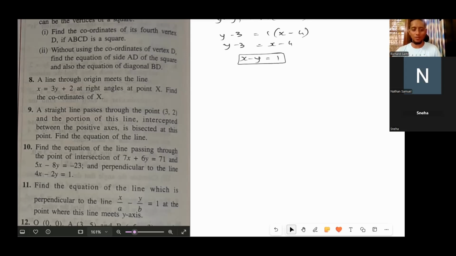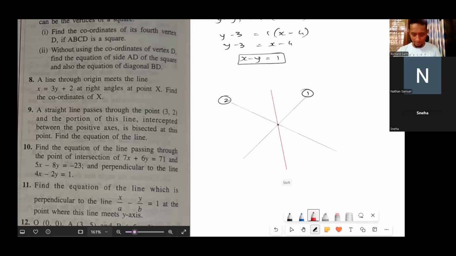Understand? So find the equation of a line that's passing through the point of intersection of line 1 and line 2. This is line 1, this is line 2. Okay, I'll call this 1, I'll call this 2. They have given the equation of line 1 and line 2. They are saying find the equation of a line that is passing through what? Yes, this point. It's passing through this point. We'll put a different color.